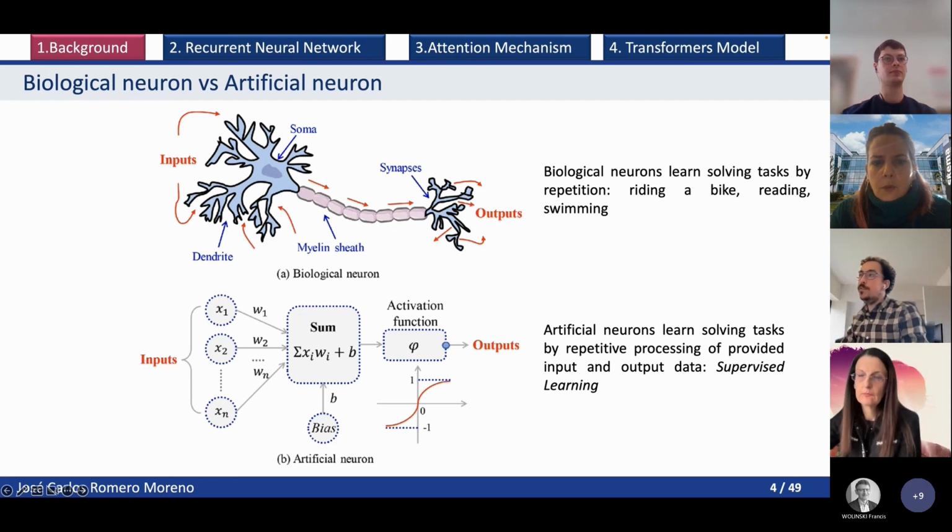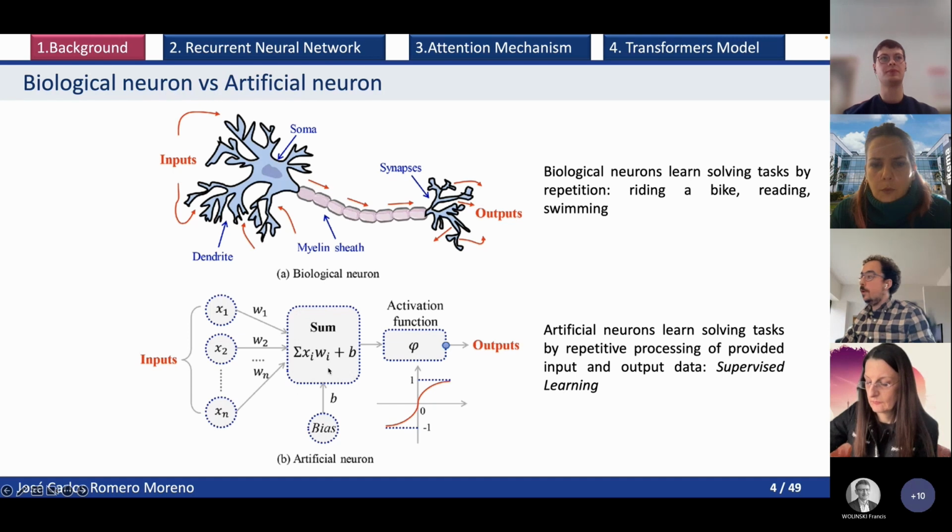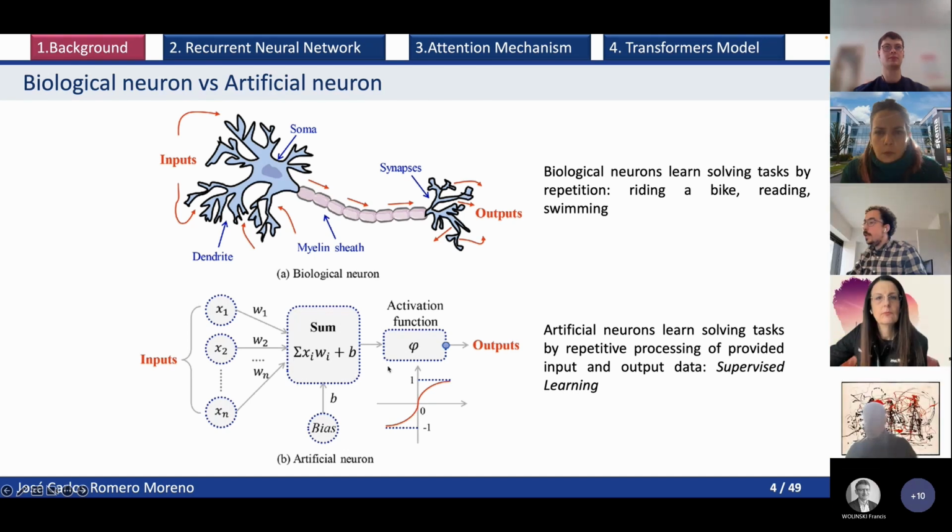So basically that's the idea of an artificial neuron. I hope you can see my cursor, my mouse. You have a core, which is basically an equation with coefficients, and you receive an input, which are parameters, and this equation gives a result, an output.